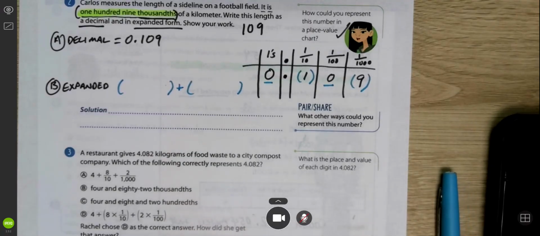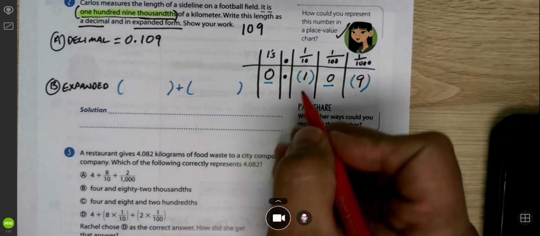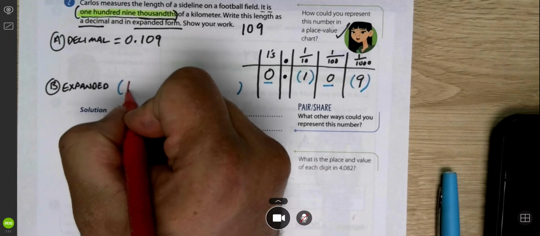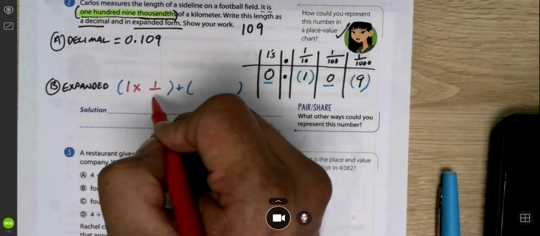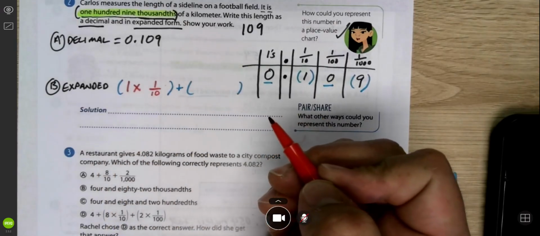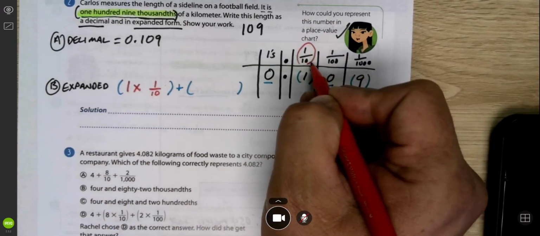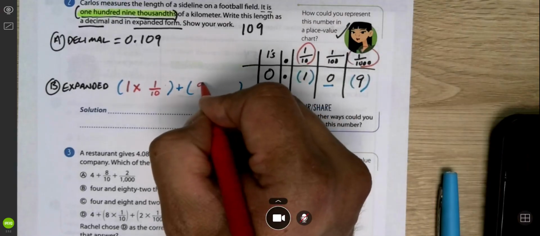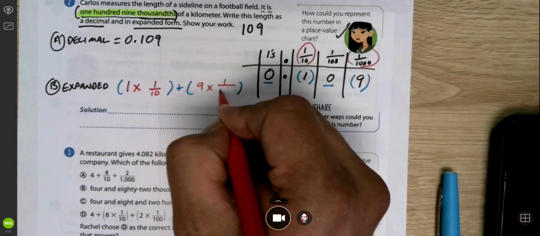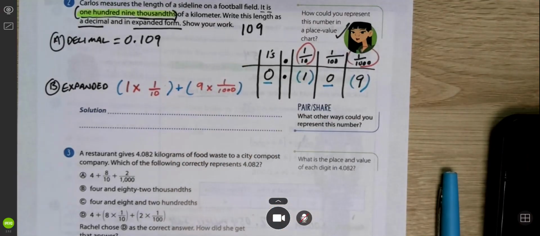So now, let's look at it. This is 1 of the tenths place value, right? You could circle it if you wanted to. And this is 9 of the thousandths place value. Okay?